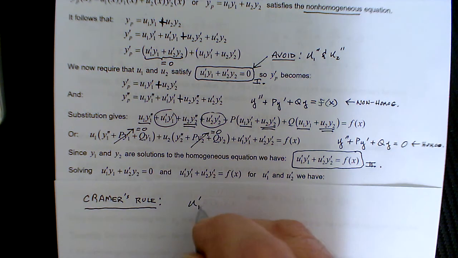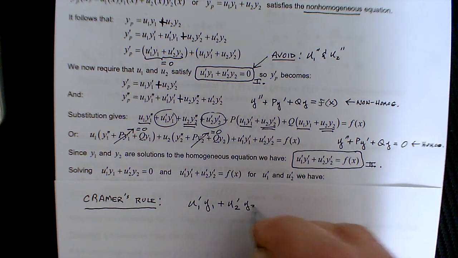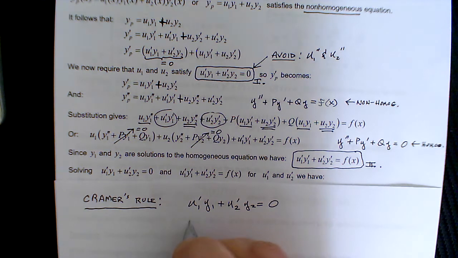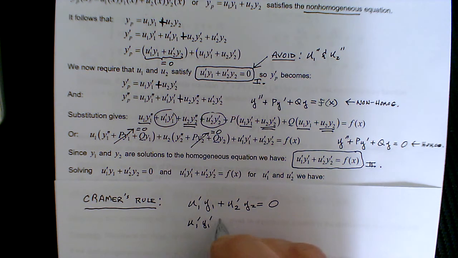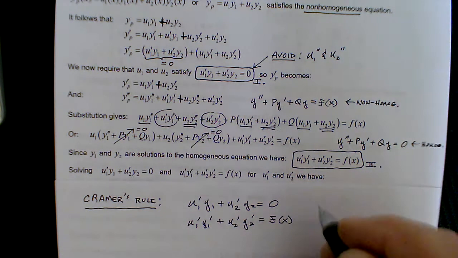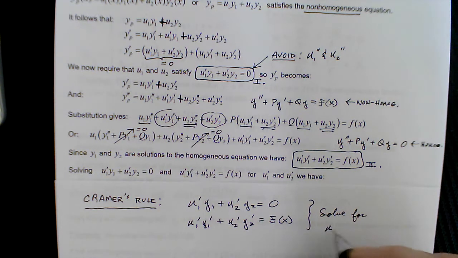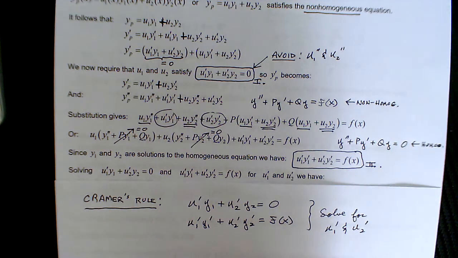Okay, so we're going to solve this system: u1 prime y1 plus u2 prime y2 equaling 0, and u1 prime y1 prime plus u2 prime y2 prime equaling f of x. So what we're going to do is solve for u1 prime and u2 prime by Cramer's rule.